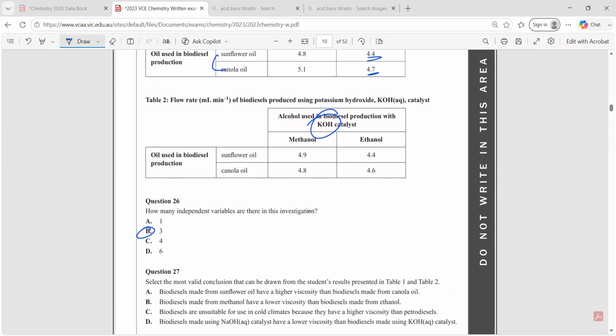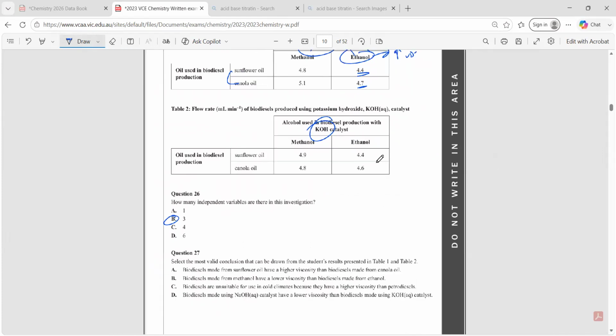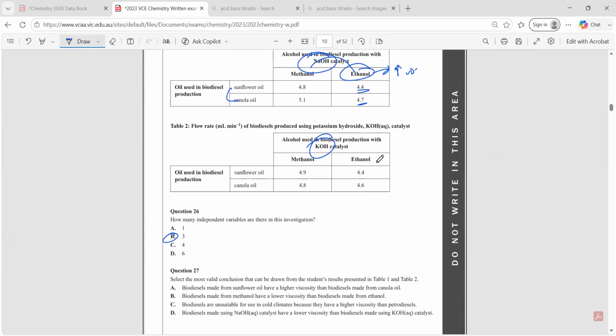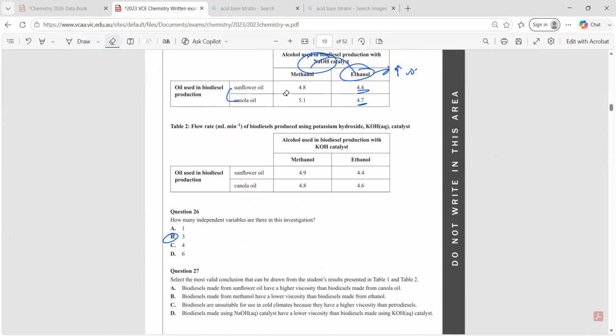So biodiesel made from sunflower oil, okay, have a higher viscosity than biodiesels made from canola oil. No, because the flow rate here is higher than canola oil. So we can't say that for sure. From methanol, I have a low viscosity, so this is a lot. So if it has a lower viscosity, it must have a higher flow rate.